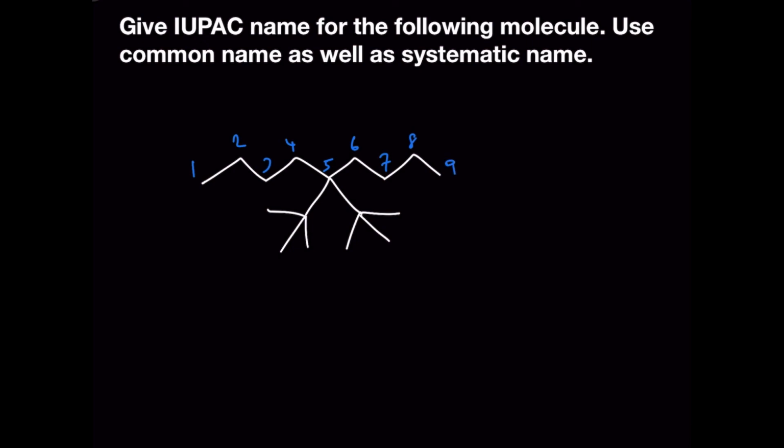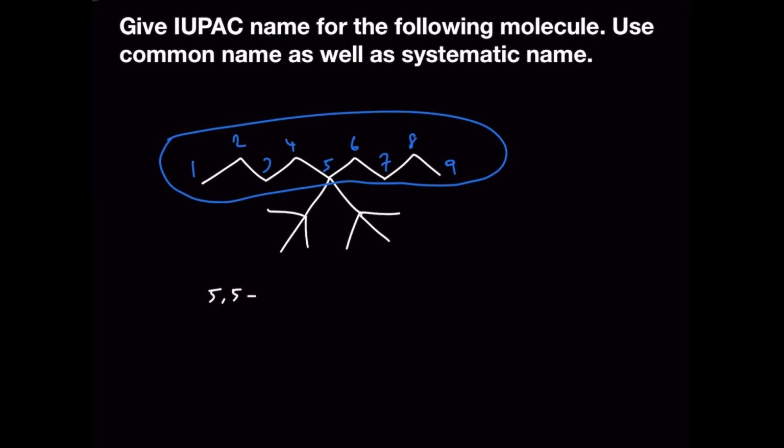Therefore, our long continuous carbon chain is obviously this one. We have 9 carbon atoms. So, this is our long continuous carbon chain, and we have 2 tertiary butyl groups attached at the 5 position, and therefore, using the common name for the complex substituent, the IUPAC name is going to be 5,5, because we have 2 tertiary butyl groups, di-tert-butyl nonane.